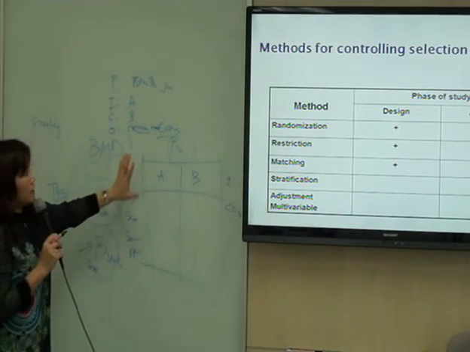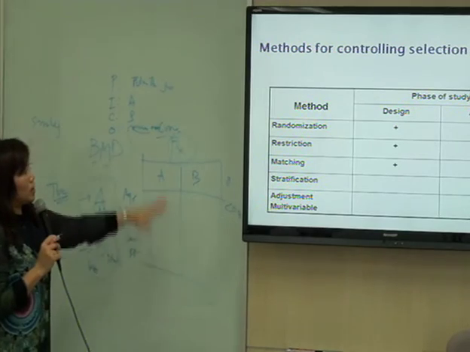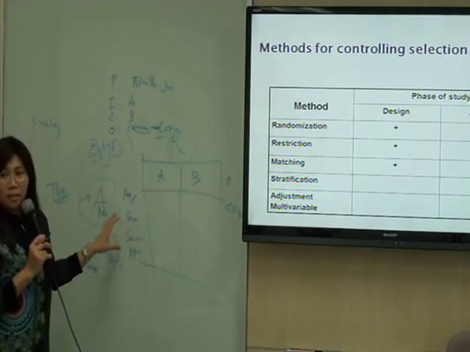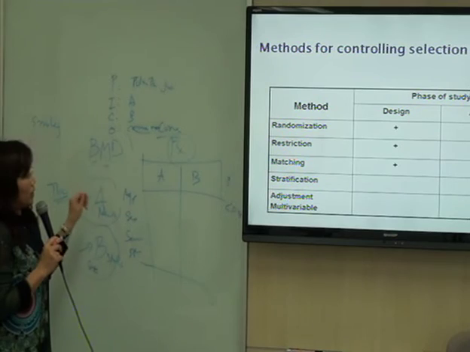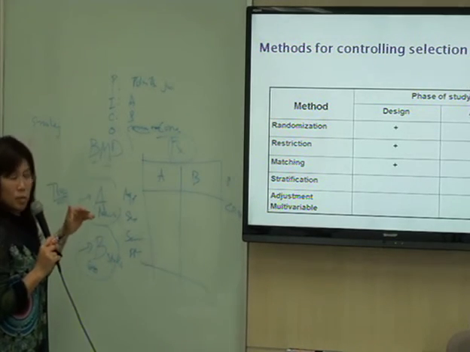But the first step to reduce this susceptibility bias is to calculate the chance to receive drug A.